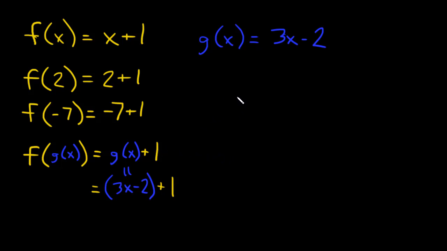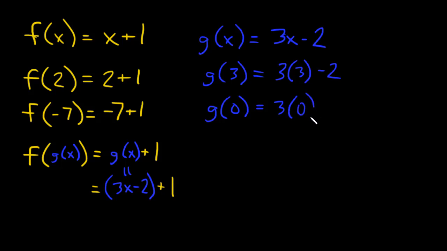Now, what about, let's go up here to this one, g of 3. Well, g of 3 would be 3 times 3 minus 2. Not going to evaluate, just write it down. What about g of 0? Well, that would just be 3 times 0 minus 2. Now, what about g of f of x?